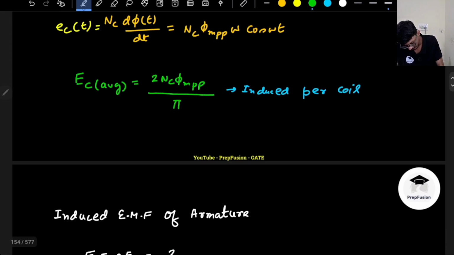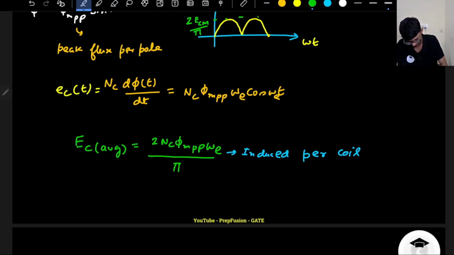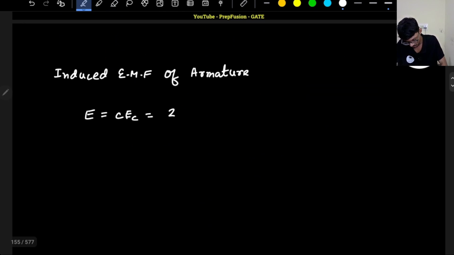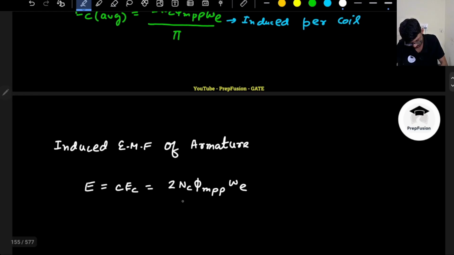Sorry, remember this is omega electrical. Whatever we are discussing is in electrical radians. So this will be 2 NC phi m omega electrical divided by pi.